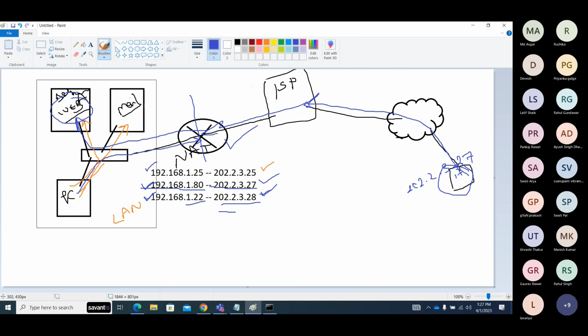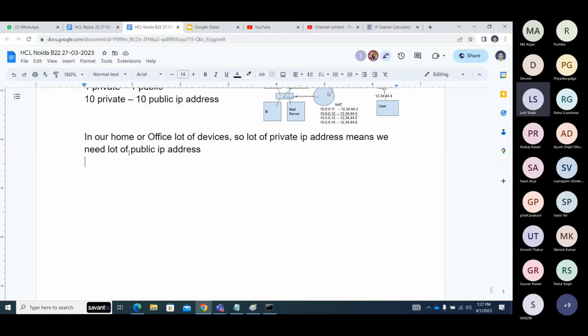Okay. So now the doubts will change after this one. You have a lot of devices. For example, currently I am at home. I have a laptop, a mobile phone, a computer. My sister has another laptop, there are two mobile phones, a TV, and another laptop. So many devices, right? So I would have to buy so many public IP addresses.